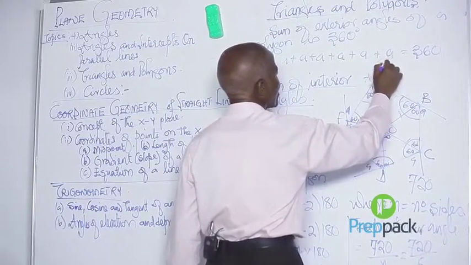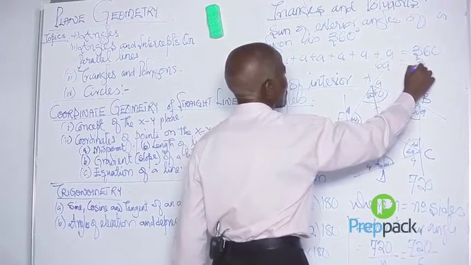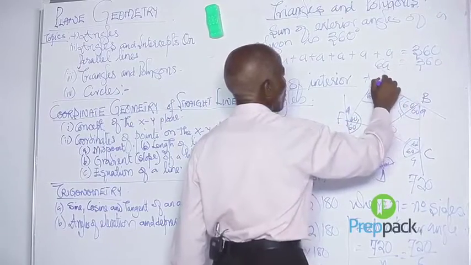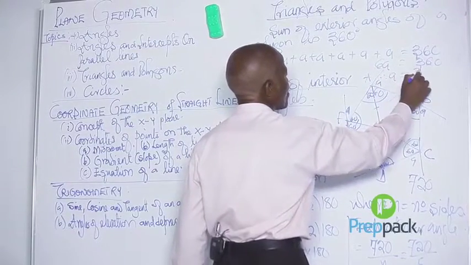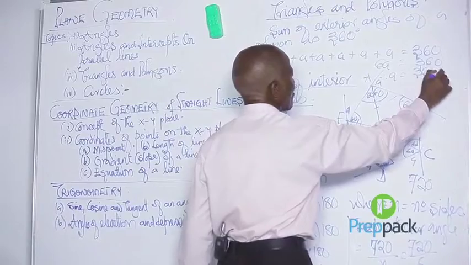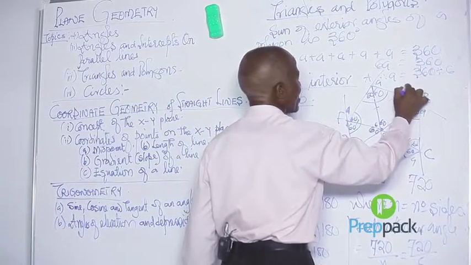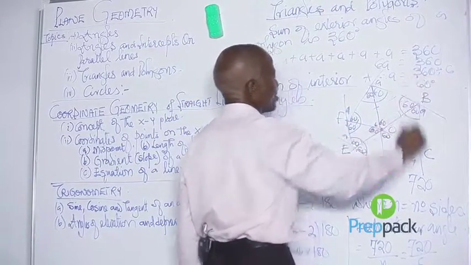And so this is 6A, giving me 360, and therefore A is 360 divided by 6, and that is what? 60 degrees.